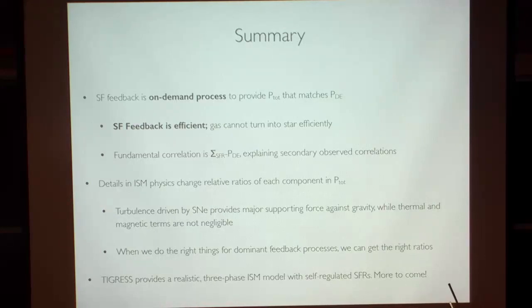But if the number of type Ia supernovae is not that dominant, then it is still the type II or massive star feedback that can really respond immediately to maintain this pressure equilibrium. If type Ia cannot provide the entire pressure to support things, then we always need this immediate response from the feedback.